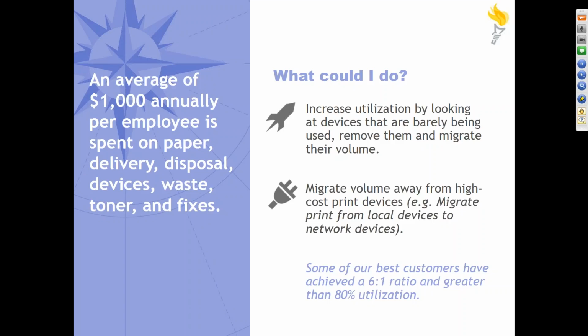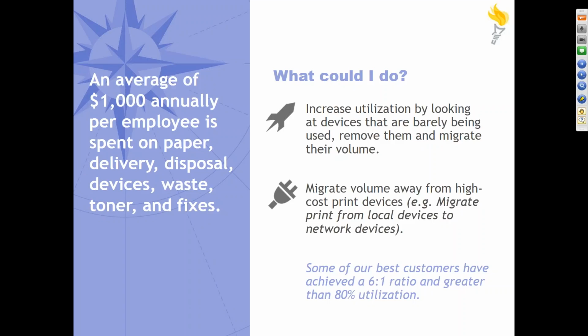So being able to streamline your environment, and typically we see this after the user behavior change, when you can start to squeeze unnecessary volume and cost out of the organization. Once you do that, you're typically going to have more devices than you need. So you may even have devices that are supporting non-business essential print.